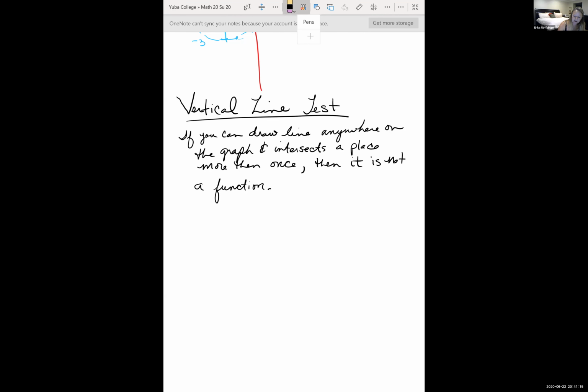If you're given an equation and they're asking you to find the domain, it's actually easier if you work backwards. So if they're asking me for the domain of a function, I'm looking to see, am I going to have any troubles? Is there any value I could plug into this equation that would make it undefined, or not give me back a real number, give me back an imaginary number, i.